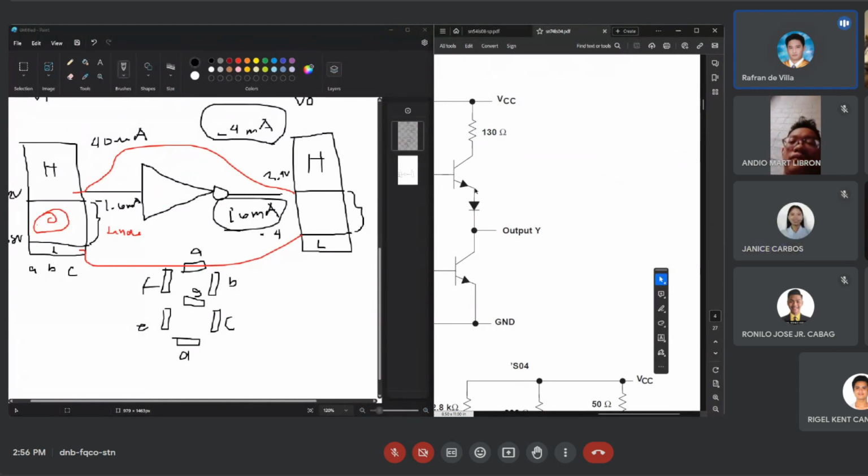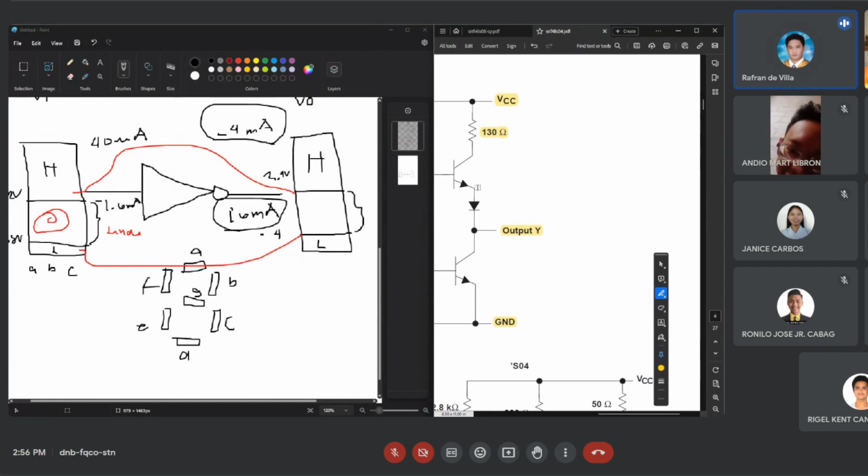So, if there is a need for you mo generate og output nga high, di ba?